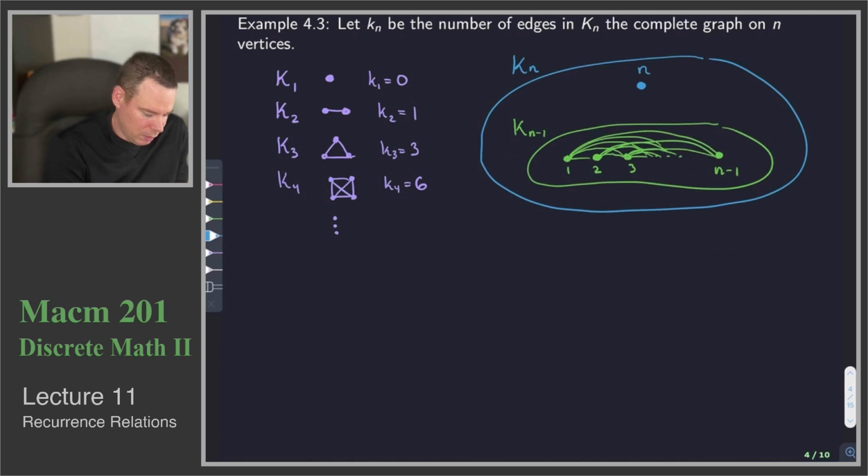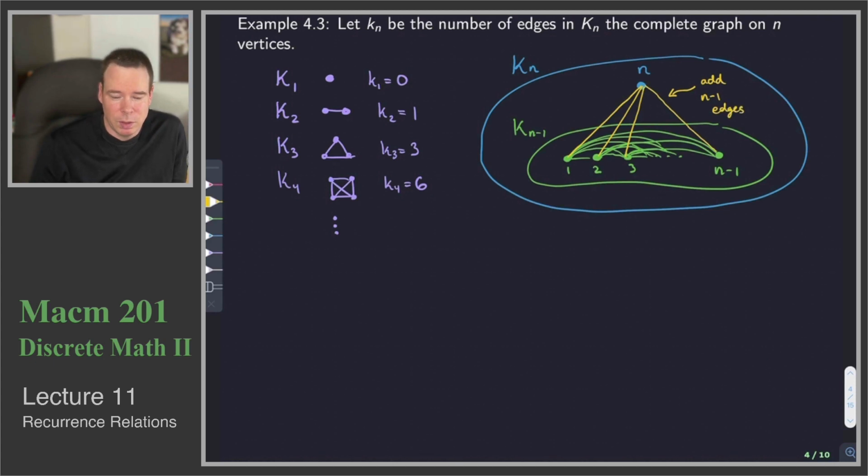How many edges do we add? Well, we add one new edge for every vertex existing in k sub n minus 1. So we've just added n minus 1 edges. So we started with k sub n minus 1.